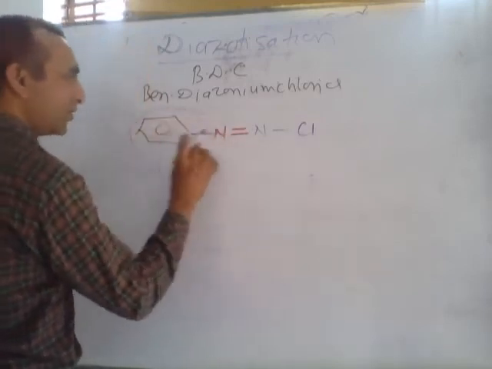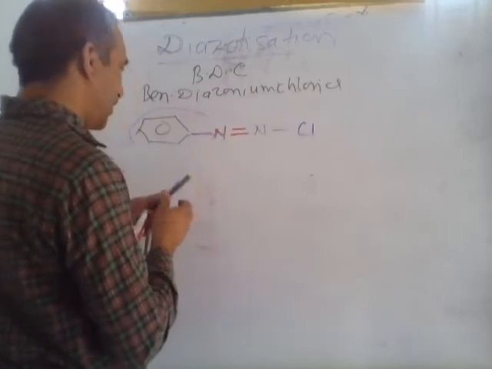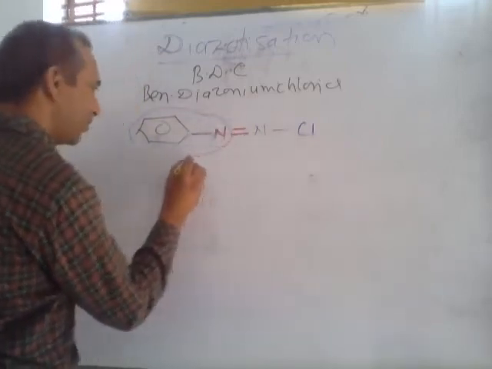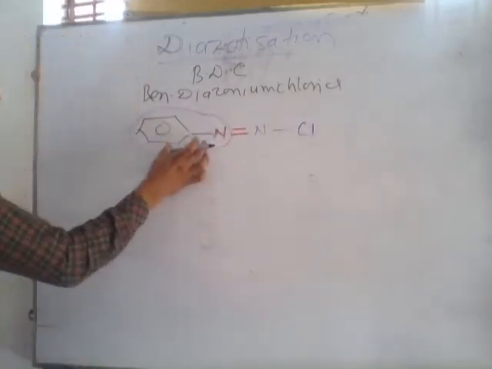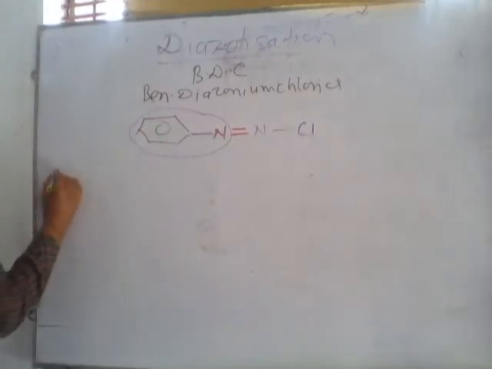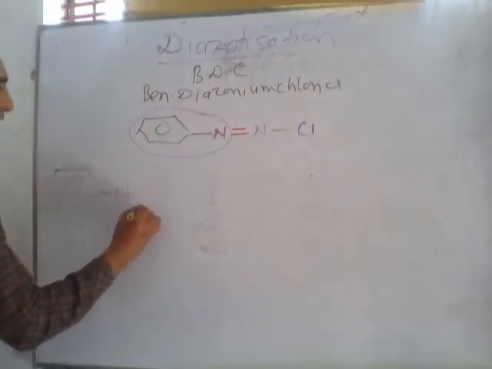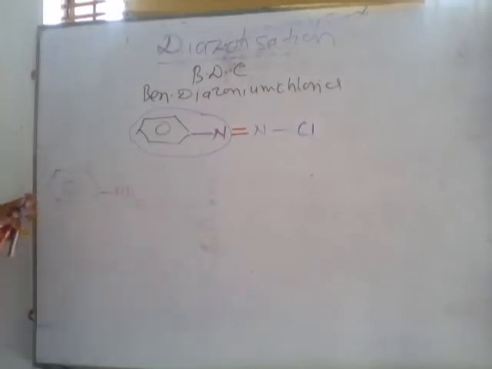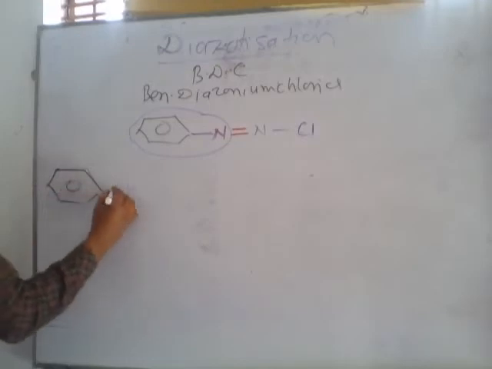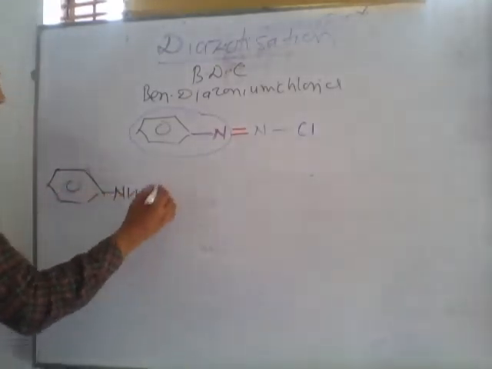This is benzene, this is diazonium, this is chloride. Listen, this part of BDC comes from aniline. This is aniline. Aniline means benzene ring along with NH2.